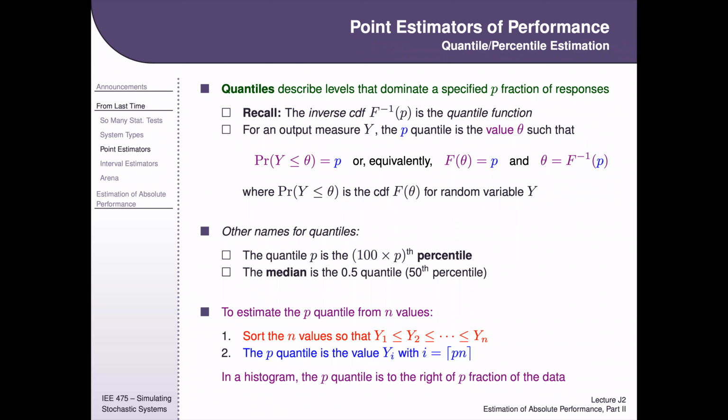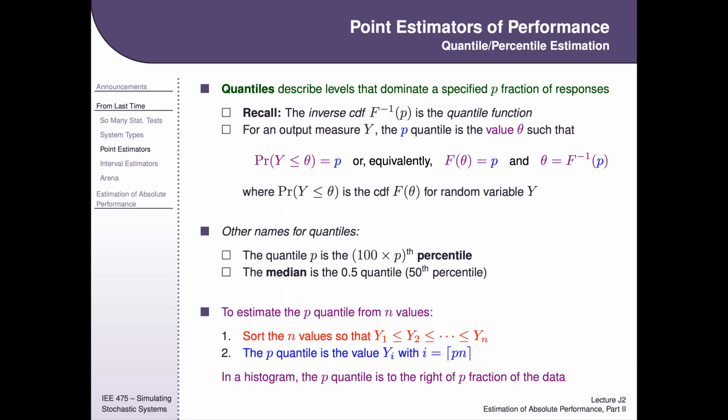So if I'm asking for the 85th percentile or the 0.85 quantile, then I'm asking what's the value of theta for which the CDF happens to be equal to 0.85. So if you have the CDF, you can calculate the quantiles. That's how we define quantiles.